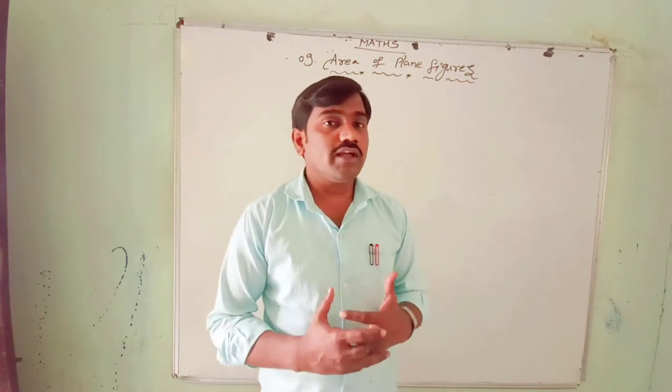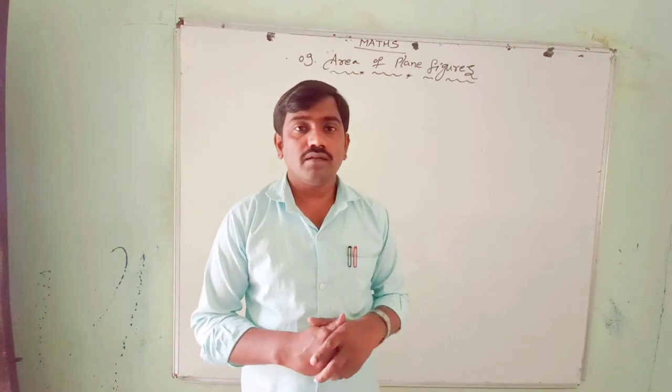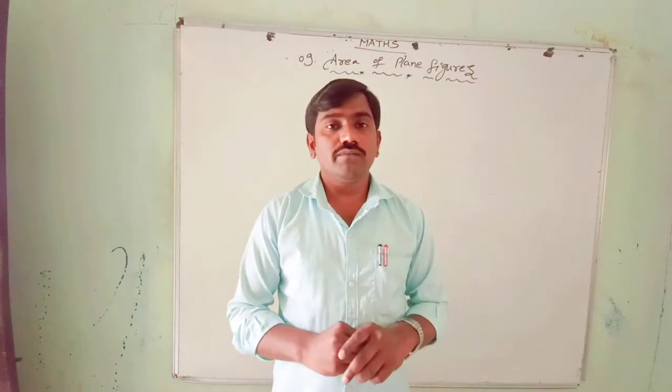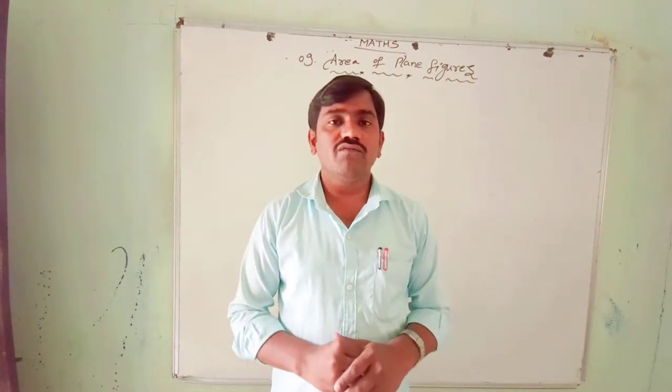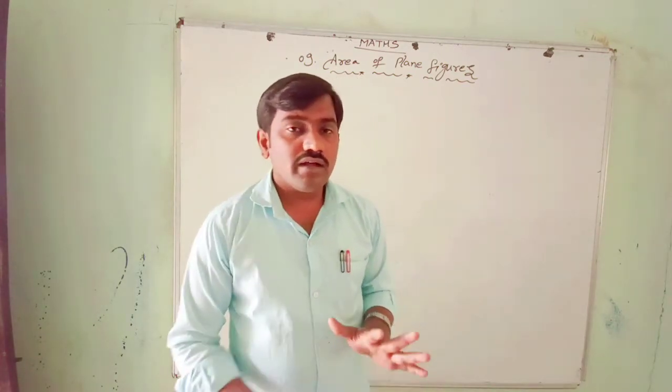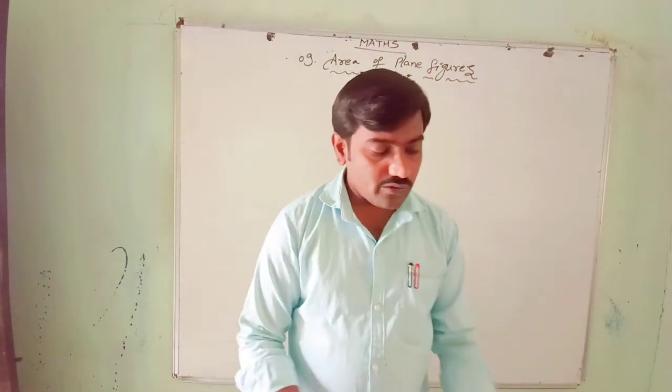Now I will explain 14 to 15 formulas which are very helpful to do this complete chapter, areas of plane figures. So what are the formulas? Let me tell you the formulas here.